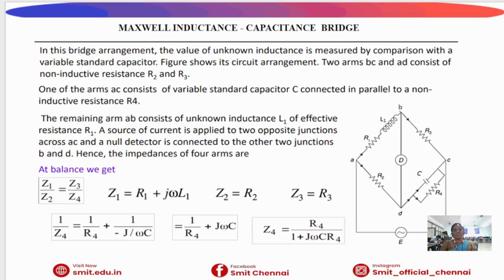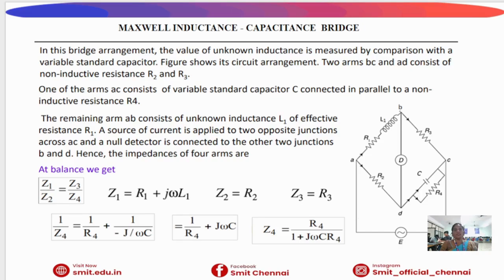An AC supply is connected across one diagonal of the bridge and a null detector is connected across the other diagonal. When the bridge reaches balance condition, no current flows through the detector. At balance, the impedance relation is satisfied, where Z1 equal to R1 plus j omega L1, Z2 equal to R2, Z3 equal to R3.